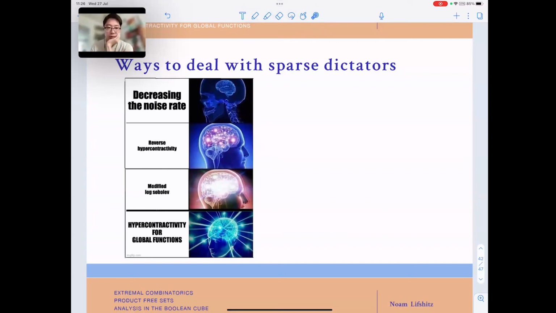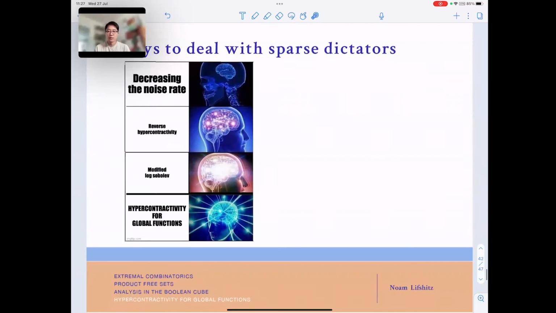Another way to deal with it is reverse hypercontractivity. This gives you some of the consequences of hypercontractivity related to mixing, but not all of them. Modified log Sobolev and reverse hypercontractivity are actually the same thing, but the format forced me to have 4 items here, so I put modified log Sobolev as well.